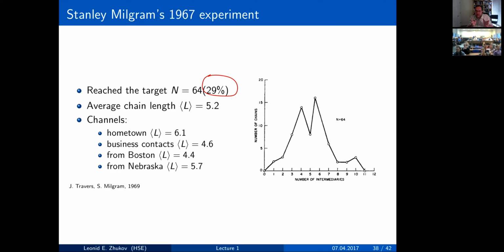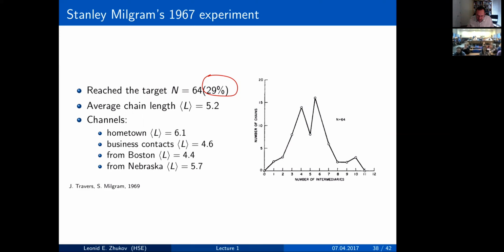When those letters were given from one person to another, there was a ledger in there, and of course people put a note of who the letter went through, right? And so eventually the researchers knew the length, the number of steps, how many intermediate people the letter went through.